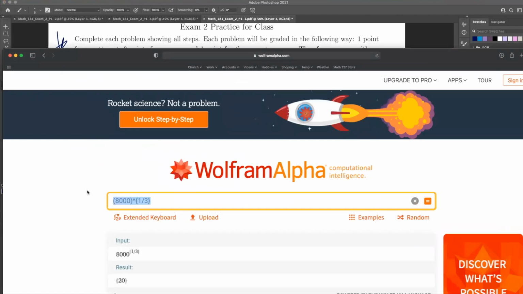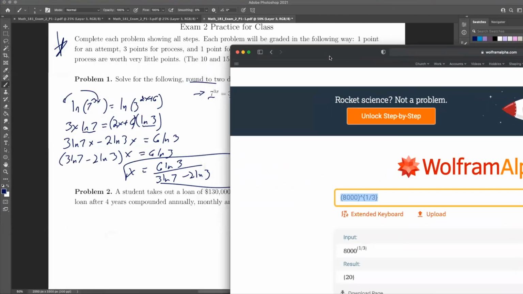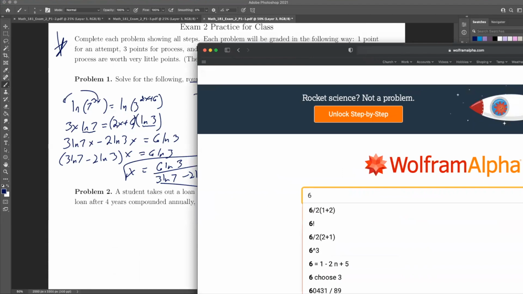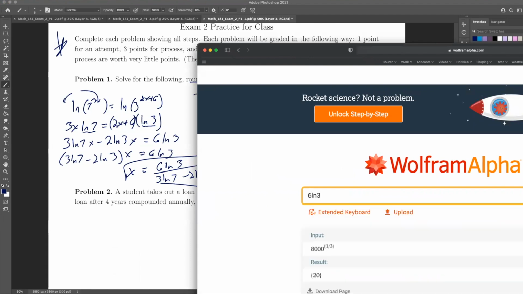All right, so we'll have 6 ln 3 divided by the quantity of 3 ln 7 minus 2 ln 3.